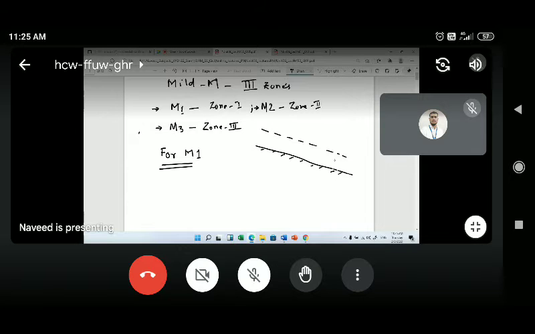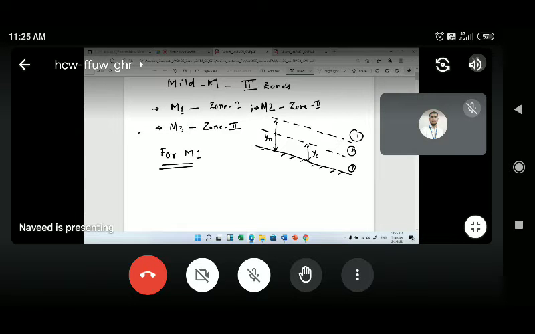We divided it into three zones, one, this is two, and this is three. In a mild slope, you know that yn is greater than the critical depth, that is yc.